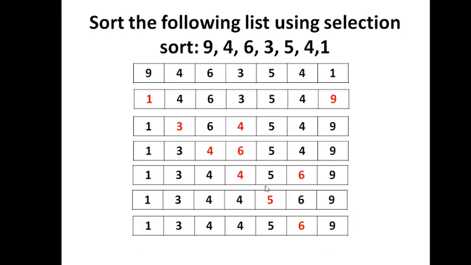That is, 5, 6, 9 are already in their correct positions at this iteration itself, but the algorithm will just continue for the n-1 number of iterations. So because selection sort does not recognize whether the list is already sorted or not, it will always tend to complete its entire iterations without actually making any change. So it will take n-1 iterations to sort this list.